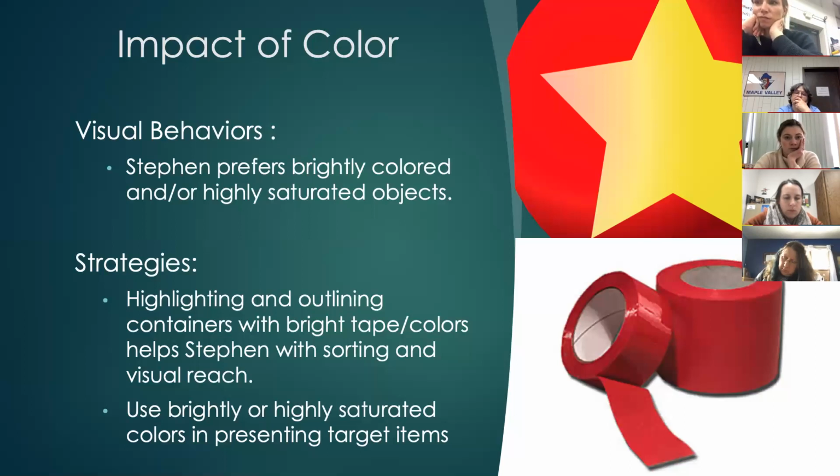You've probably noticed when you're walking upstairs some places, there'll be a piece of red tape on each step. That's just one of those visual cues. So if you look at his visual behavior, or whatever students you have, in this case we know that he prefers brightly colored objects, then these are some strategies we're going to use to help prompt him.